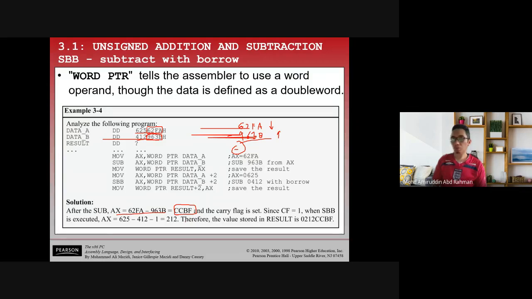That means we need to invert the number and then add one increment to that, and then we get the subtraction correct.